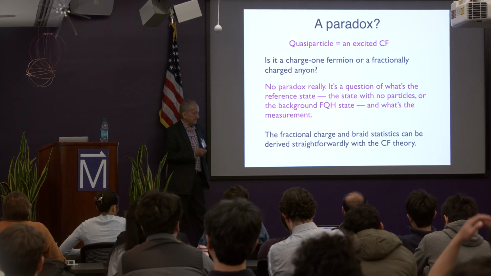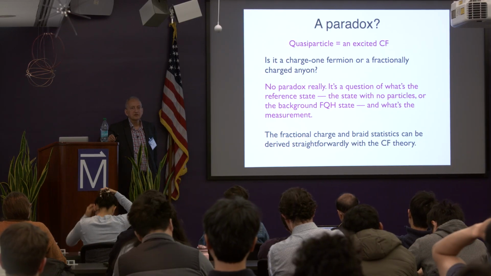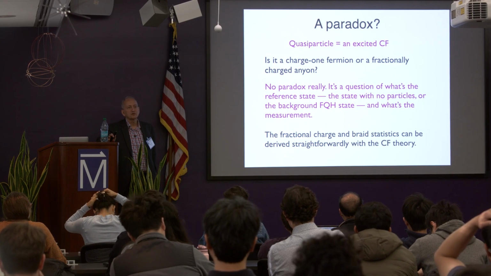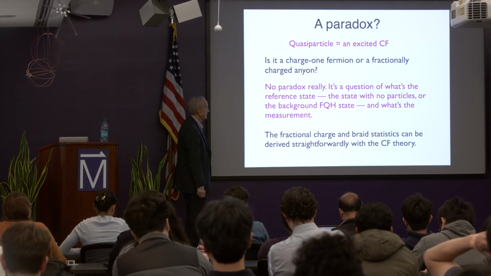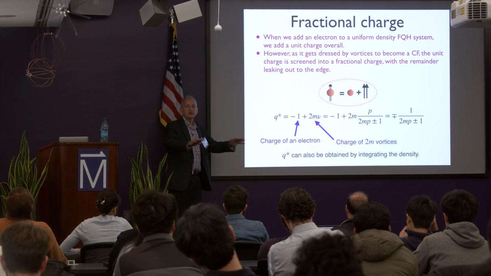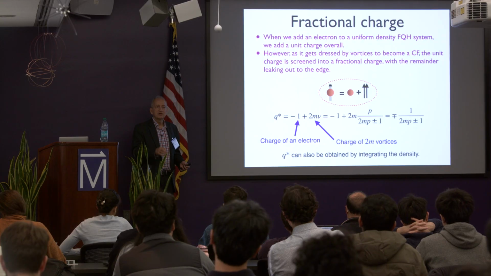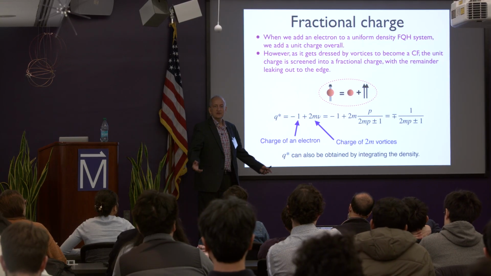Okay, so let me say that composite fermion theory is the simplest way to derive fractional charge and fractional statistics. And let me do that. Let's say I have a fractional Hall state, uniform density. I'm going to add an electron to it. Of course, the electron has charge 1.